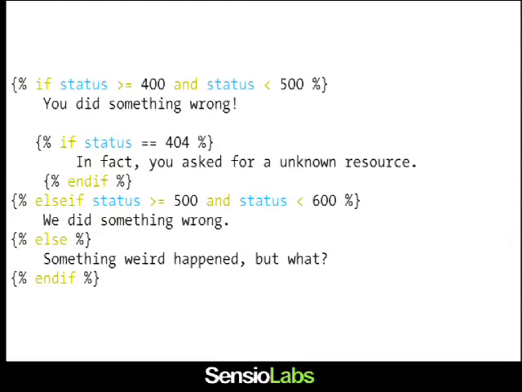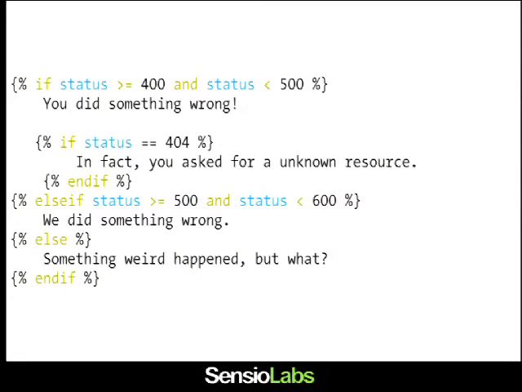So I say if the status is between 400 and 500, it means that the user did something wrong. And if it is a 404, then we can say that this is an unknown resource. The page does not exist, actually. If it is more than 500, it means that the server did something wrong. And if not, that's weird. So something weird happened, but we don't know what, really.